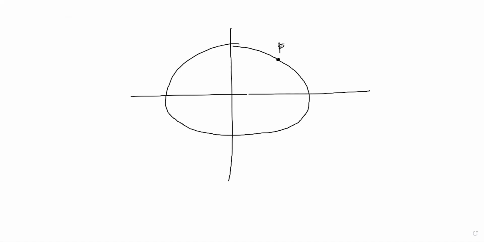Tangent and normal at P. The tangent at P would be like this, and the normal at P would be like this. The tangent and normal at P meet the x-axis, the tangent meets it at T and the normal meets it at G, right?